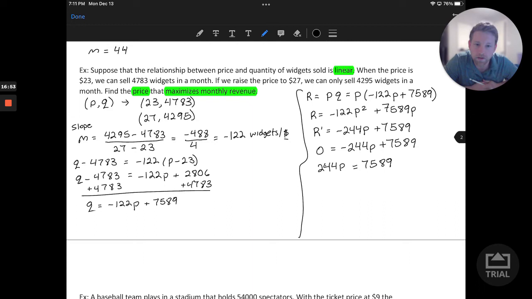And dividing by 244, we're going to get a price. You'll have a little decimal here, but we can round this off to $31.10. This will be the price per widget when we divide that term. So if we divide by 244, we'll come up with that value there.